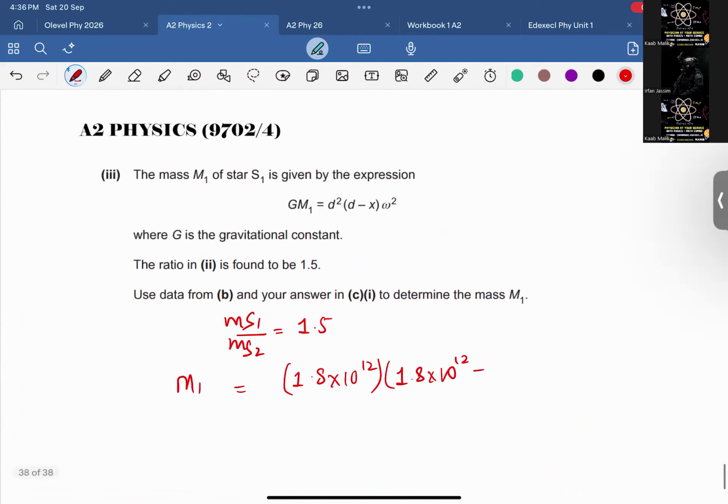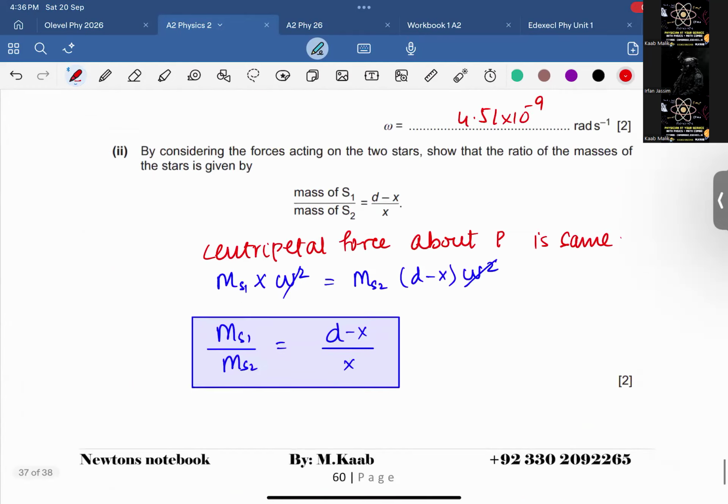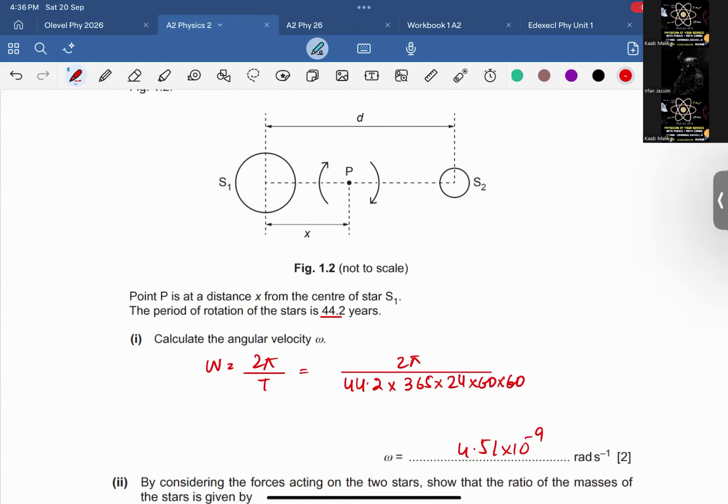Not the radius. It is basically this distance from S1 till the center. Do we know it?